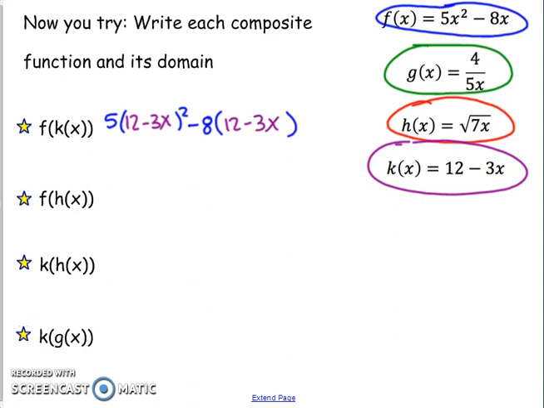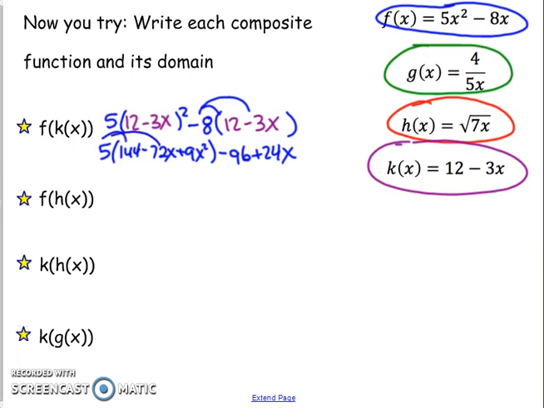Okay, so here you have to FOIL the 12 minus 3x and the 12 minus 3x. So this would be like 5 times, if you FOIL 12 minus 3x, you end up with 144 minus 72x plus 9x squared. And then you would distribute this, so that's negative 96 plus 24x.